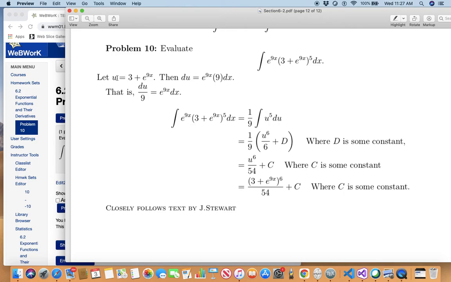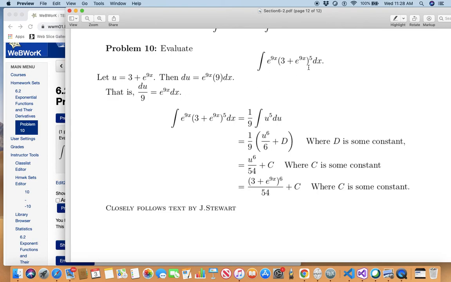Then du is the derivative of this, which is e to the 9x, because that's exponential, times the chain rule derivative of 9x, which is 9. So du is all of this. That takes care of e to the 9x dx, but there is an extraneous 9, so divide both sides by 9. du over 9 is e to the 9x dx.